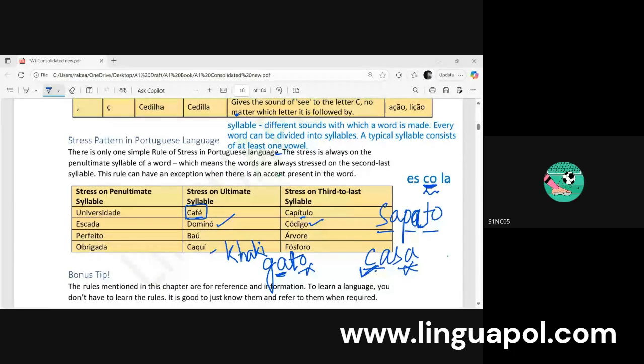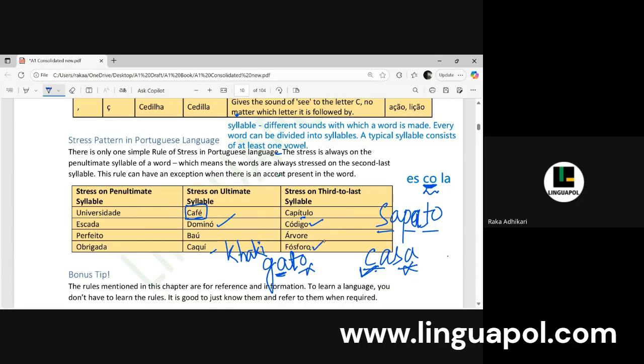Árvore. Yes. Perfect. Perfeito. Árvore. Okay. So since we have the accent, we will put stretch on the accent itself and will not apply the rule. So the rule is only for the words which do not have any accent.